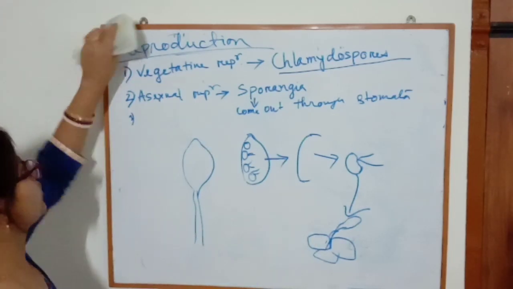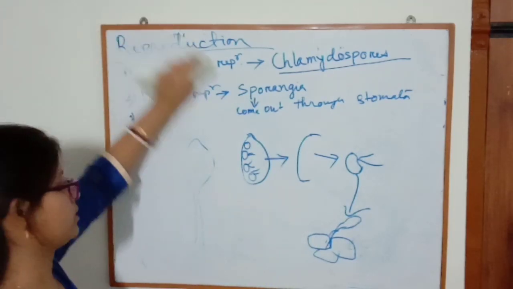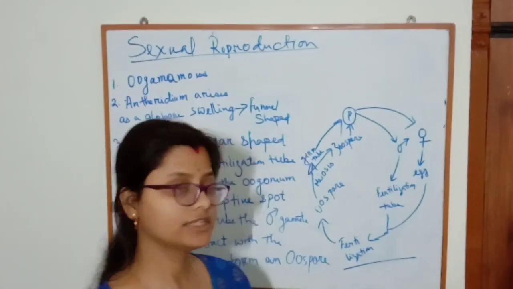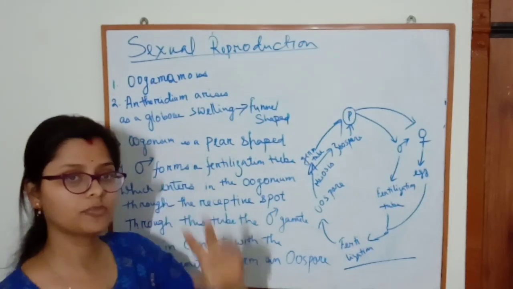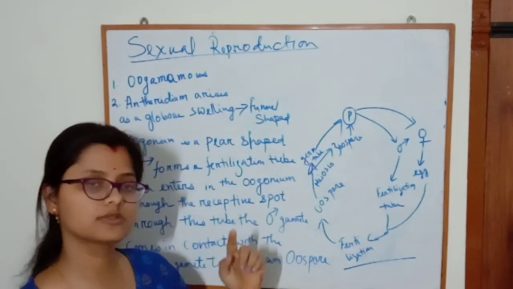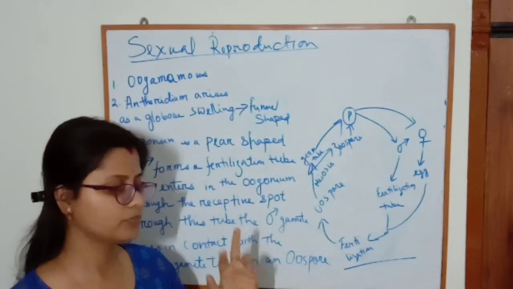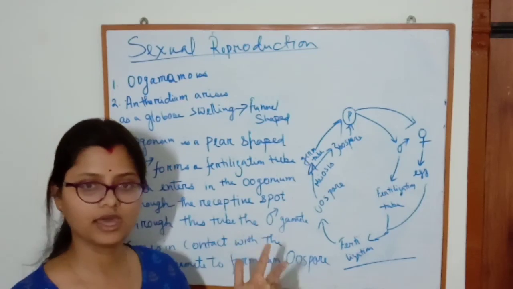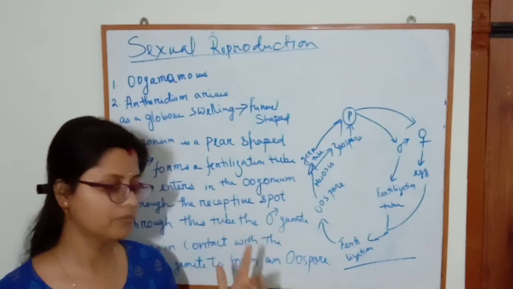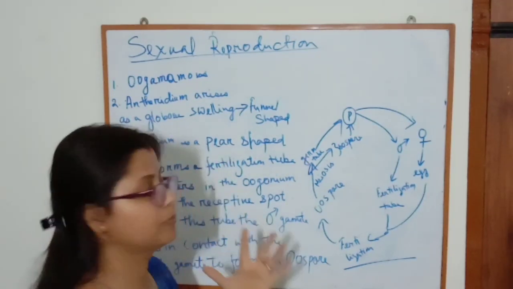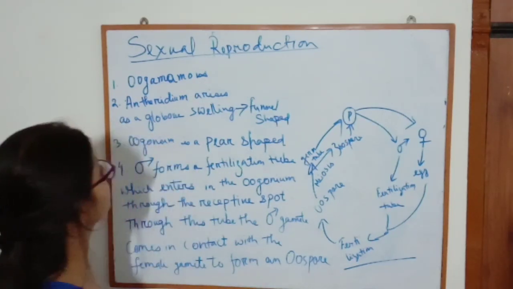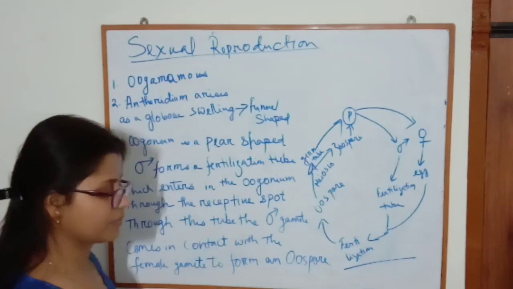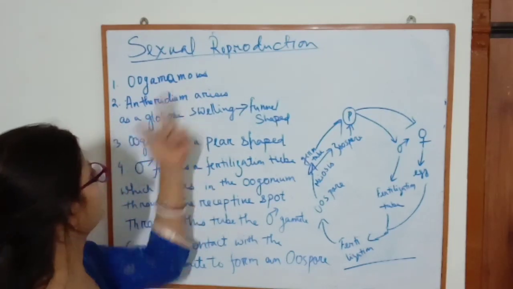Then let us come to the sexual reproduction. For sexual reproduction, we need two strains, positive and negative. The positive one is female, and the negative one is male. The sexual reproduction is mainly oogamous type.